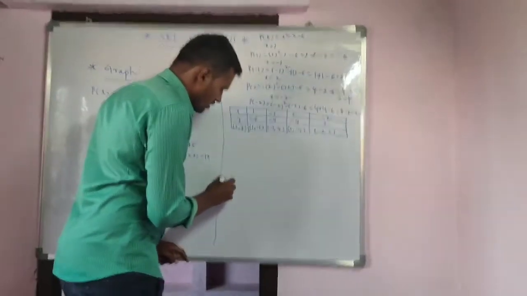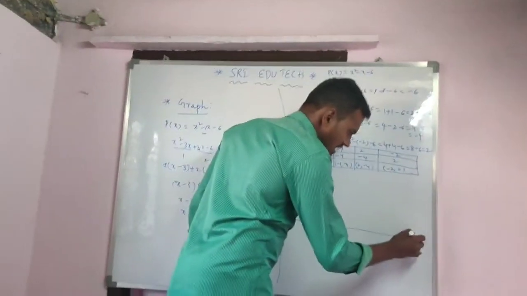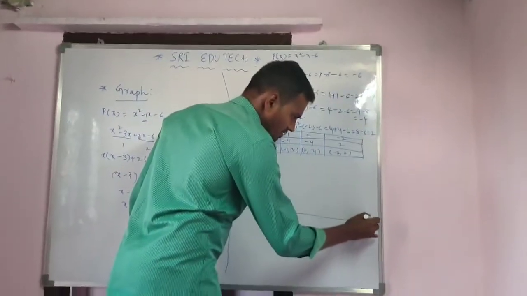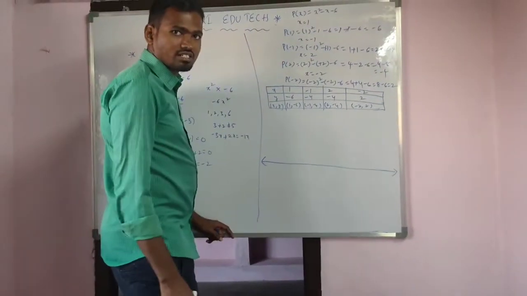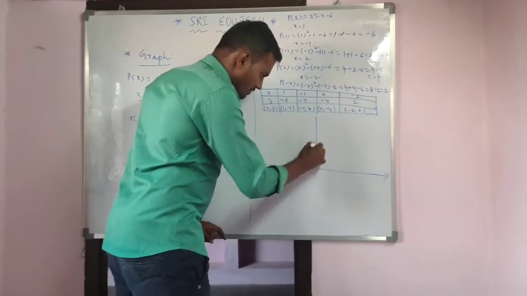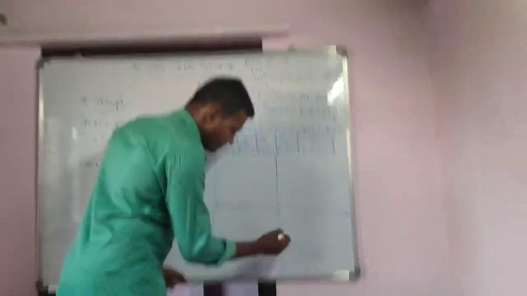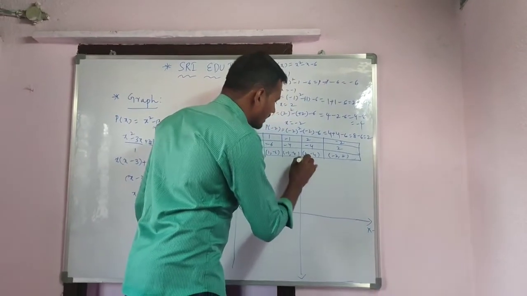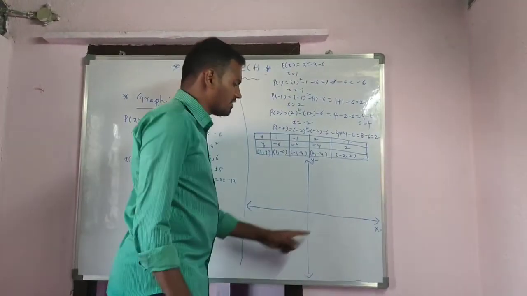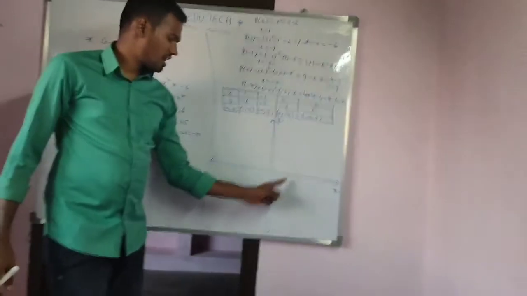See, this is the x-axis, this is the y-axis. The x-axis is also called the horizontal line, the y-axis is also called the vertical line.